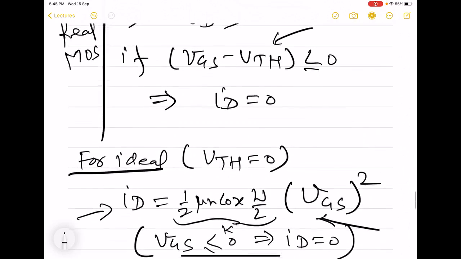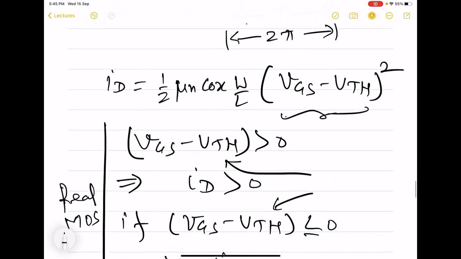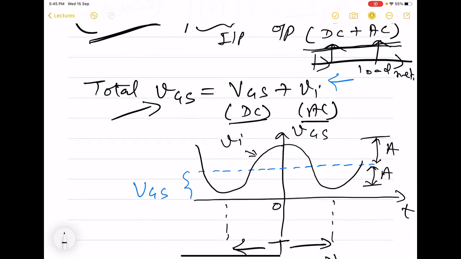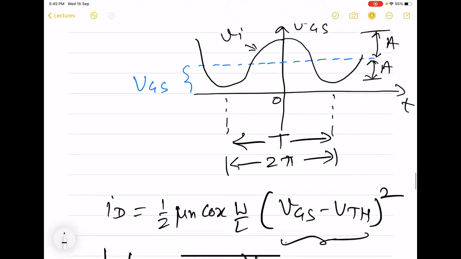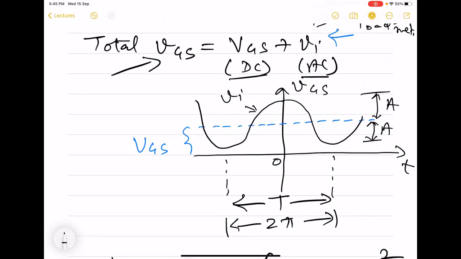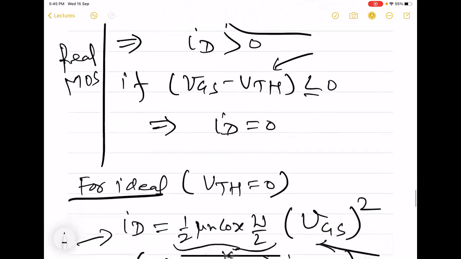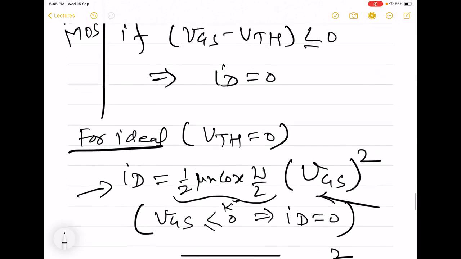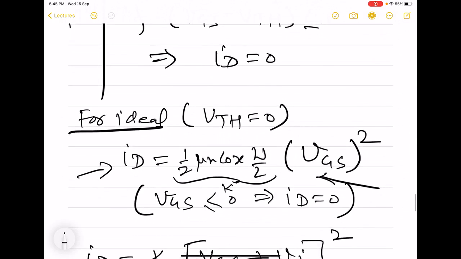Okay. So now we know what the various components of the total drain current are. We can now proceed to define the conduction angle and then arrive at the various classes of the power amplifiers. So what we have seen here is that the most important thing for an amplifier is that the gate to source voltage should be greater than 0.